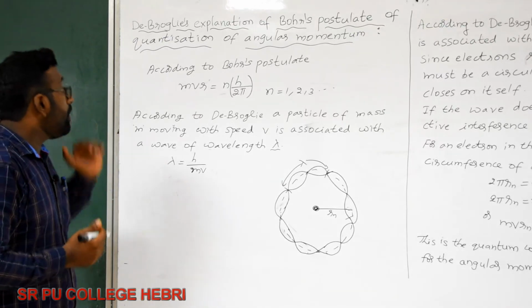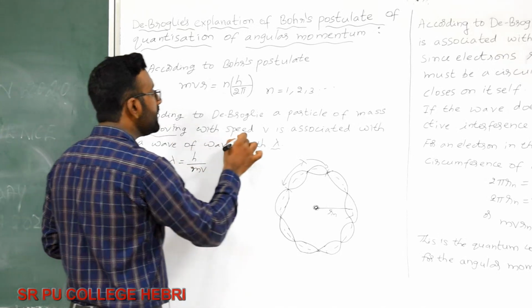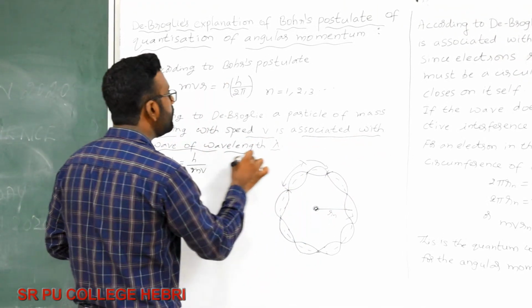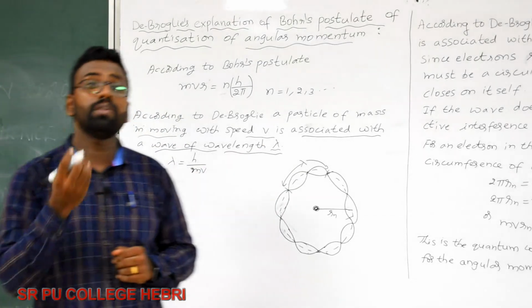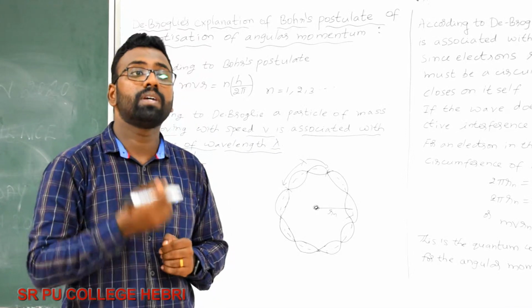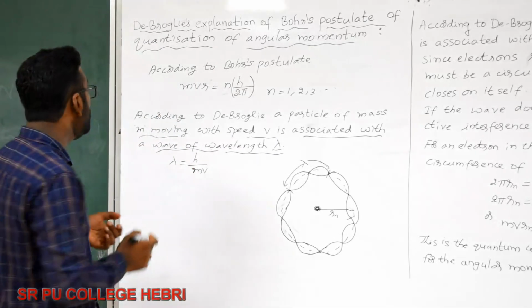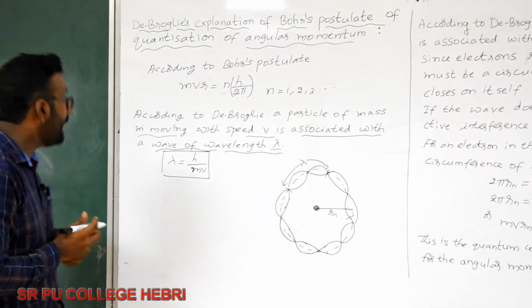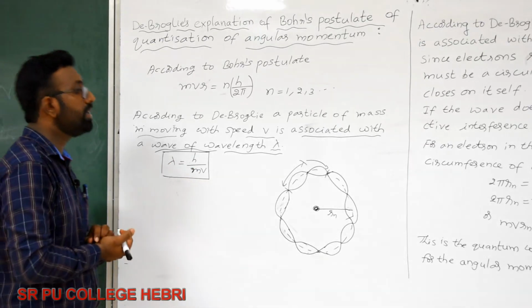Now de Broglie gives an idea that a particle of mass m moving with a speed v is associated with a wave of wavelength lambda. So he says that electron revolving around the circular path can behave like a wave. Okay. So he gives the wavelength equation for this matter wave, that is lambda is equal to h divided by mv.